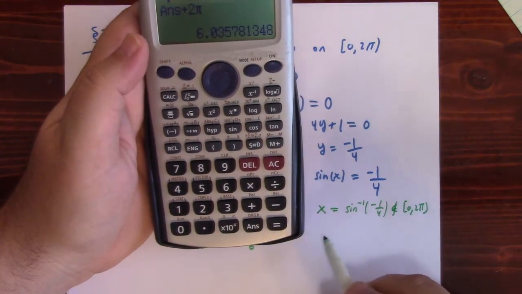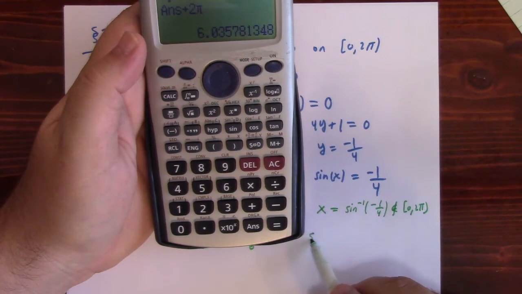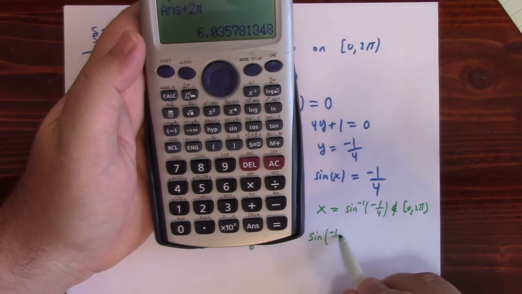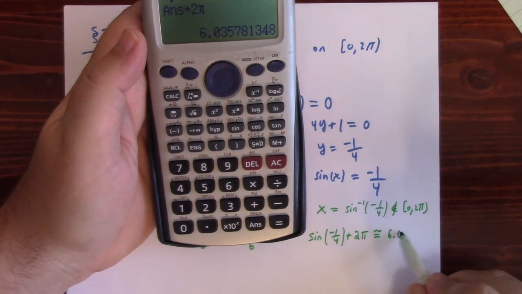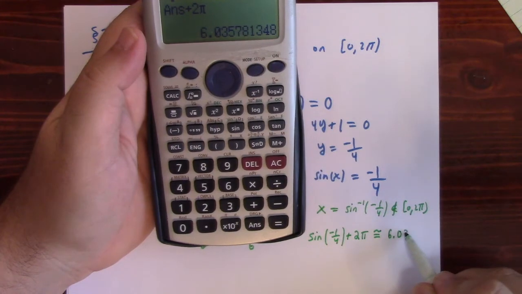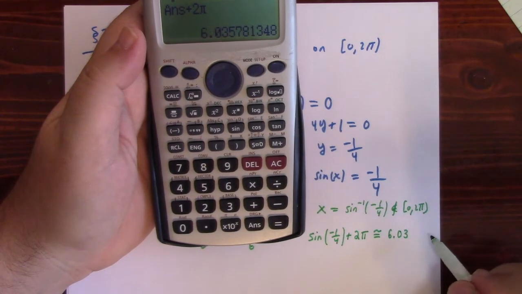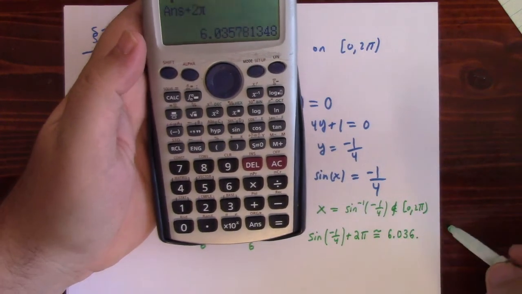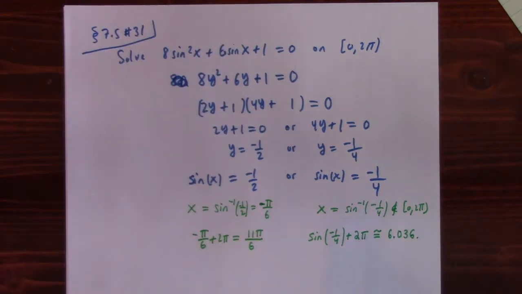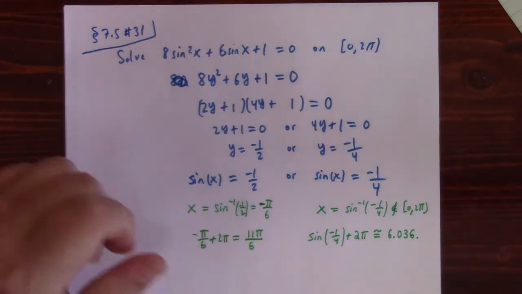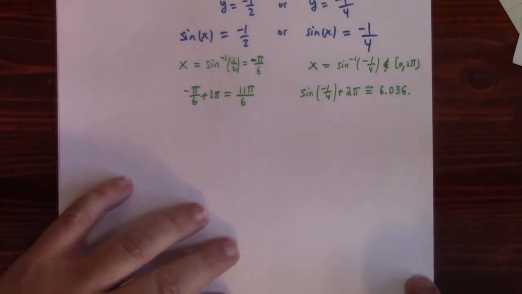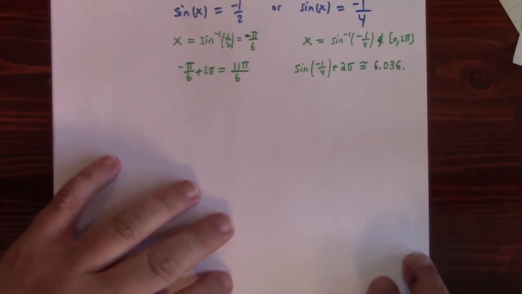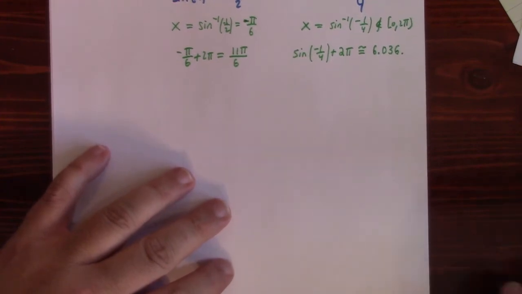So inverse sine of minus 1/4 plus 2 pi is approximately equal to 6. Now the answers in the back of the book are not decimals, but I actually prefer decimals for these sorts of problems, honestly. The answers in the back of the book are typically in terms of inverse sines and such, which technically are more precise.